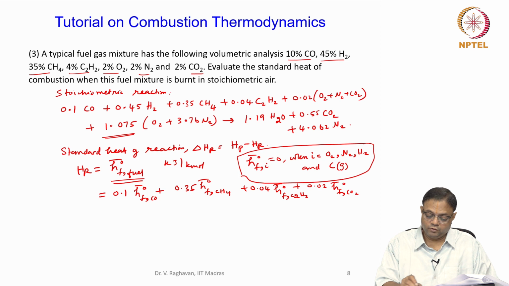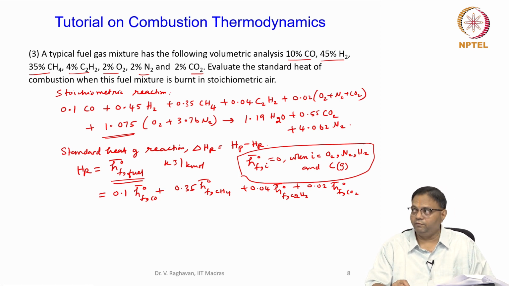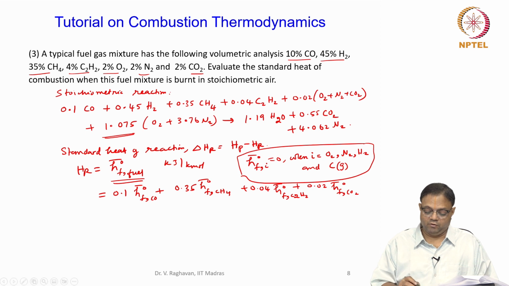That is the enthalpy of reactant. Again from the tables I can find the values of enthalpy of formation of CO, CH4, C2H2 and CO2. HR is calculated like this.